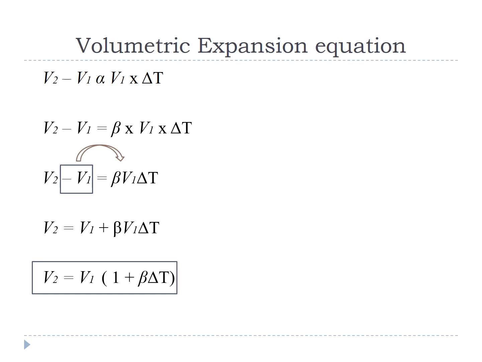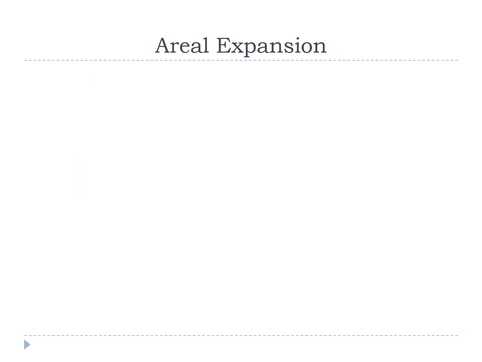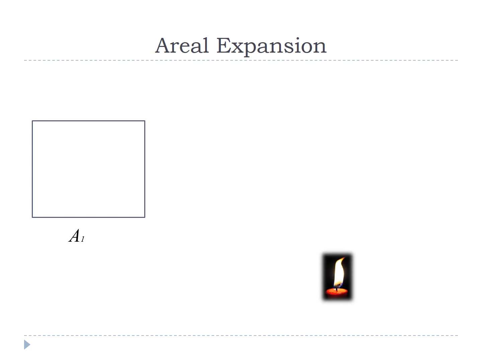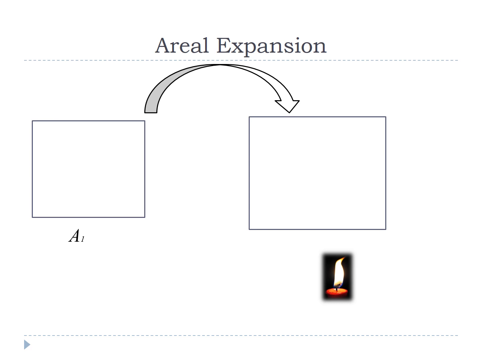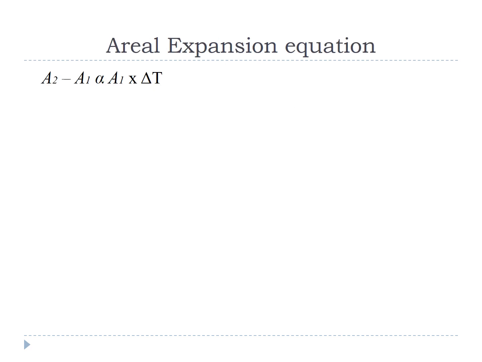Going to the next one, areal expansion. Here I've taken a sheet of solid material which has the area of A1. I'm heating it. The temperature is going to change and the sheet is going to expand to form the final area of A2. So what is the change of the area?